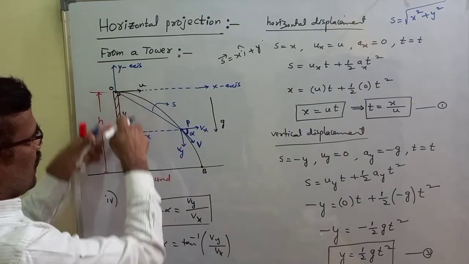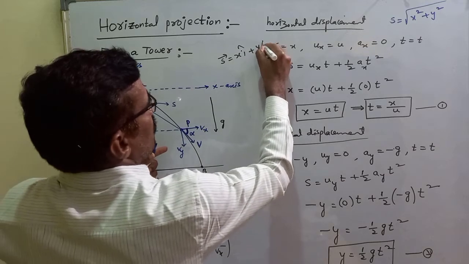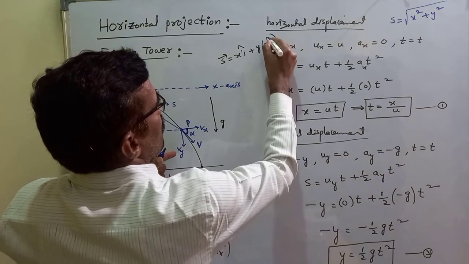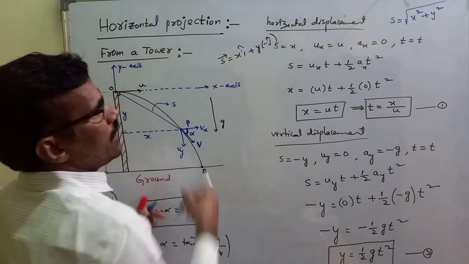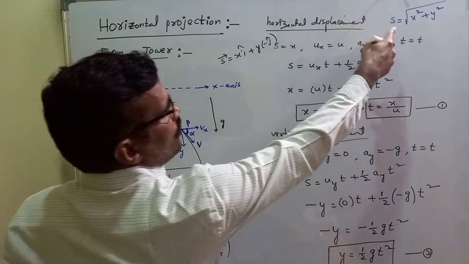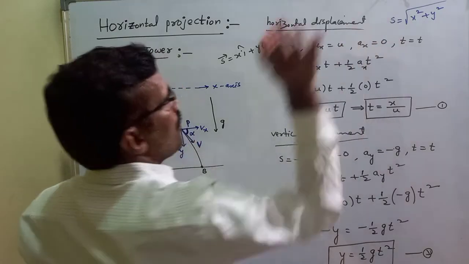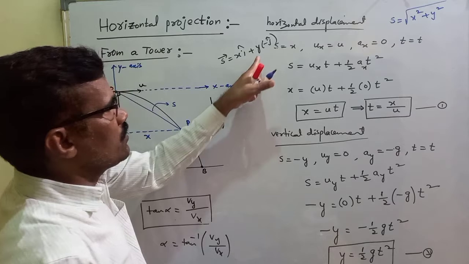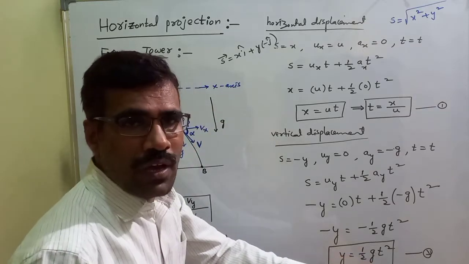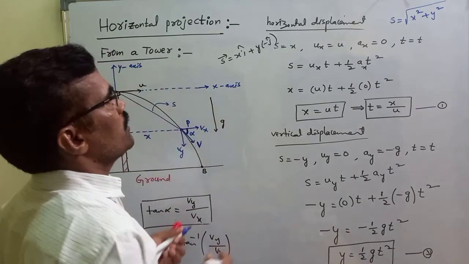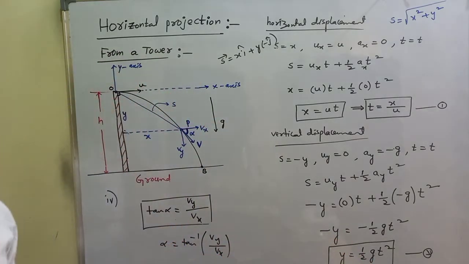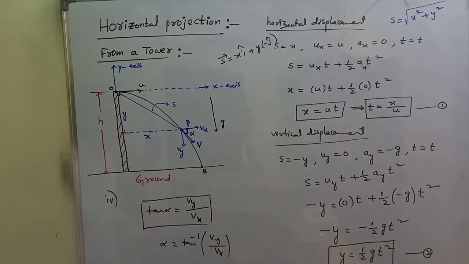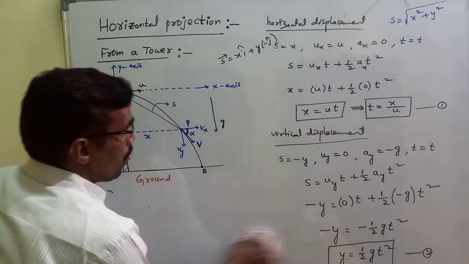Here j cap means vertically downward, that's why minus j cap. Its magnitude is root over x square plus y square. What is x? x is ut. What is y? y is half gt square. Substitute, and we get the displacement vector after t seconds.